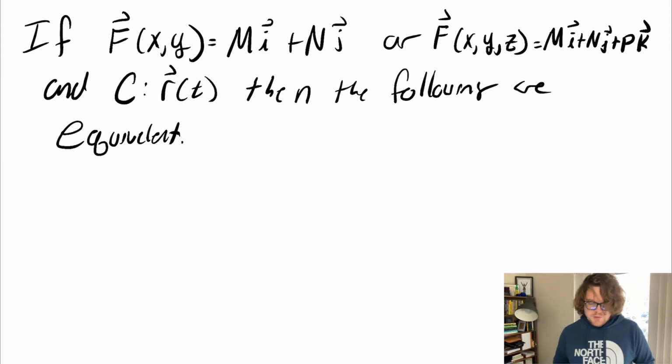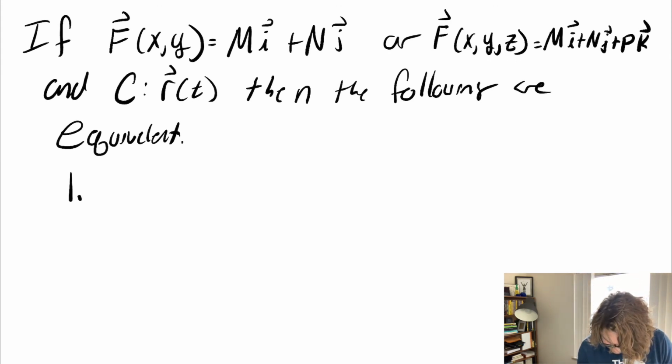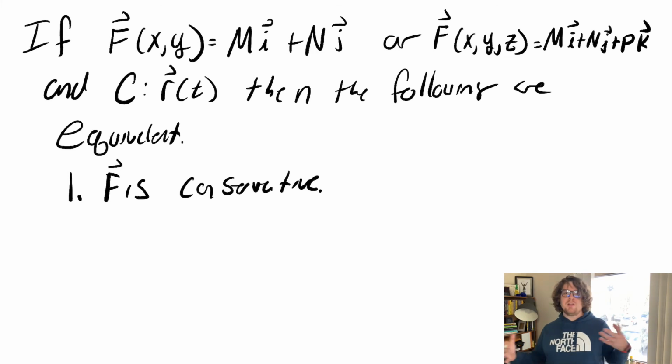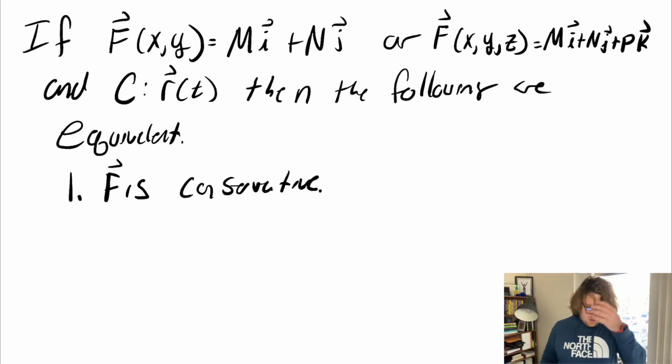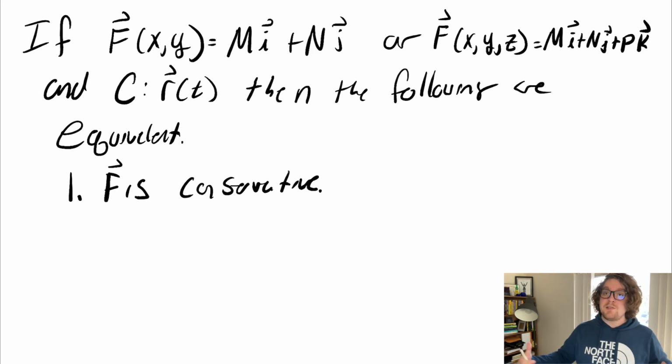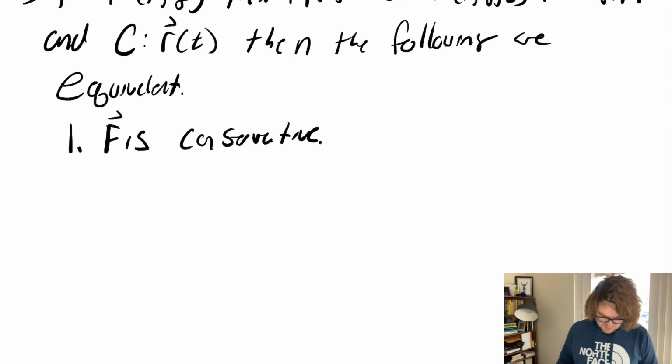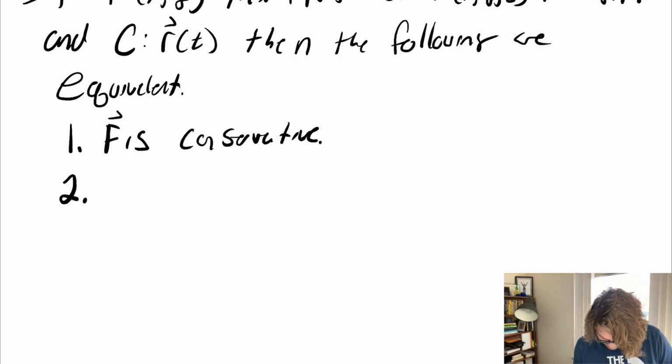All right, so the first one is going to be, assume that we have F being conservative. So we're really not saying anything now. All that we have is a vector field, and if it's conservative, then what I'm about to say are all going to be equivalent. If F is not conservative, then none of what I'm about to say is going to be true. So 2.